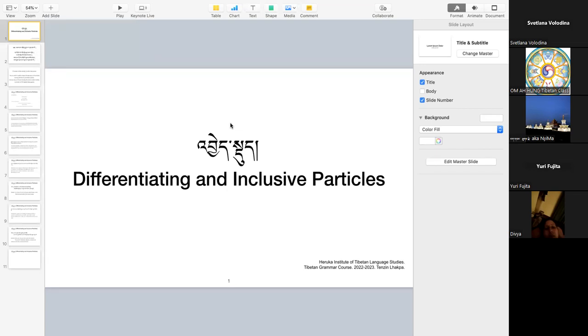Today we are introducing the differentiating and inclusive particles, which is one of the dependent particles. Since we know that this is a dependent particle, we understand that these particles follow the same rules that are applicable to all the dependent particles.